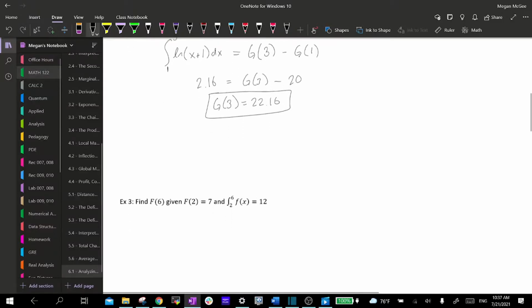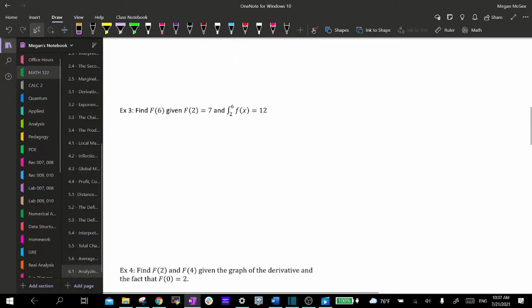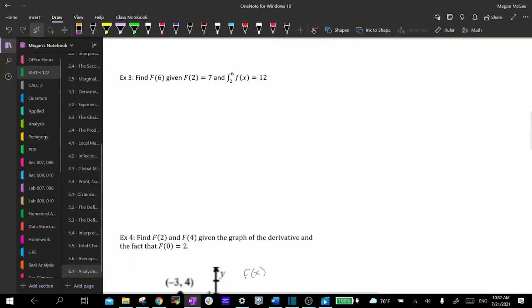So example 3 is again going to use the fundamental theorem, but here we were actually given what the integral evaluates to, and we were not given the derivative of the function. So we can't use our calculator to figure this one out. But we have the integral from 2 to 6 of our derivative, which is lowercase f of x.